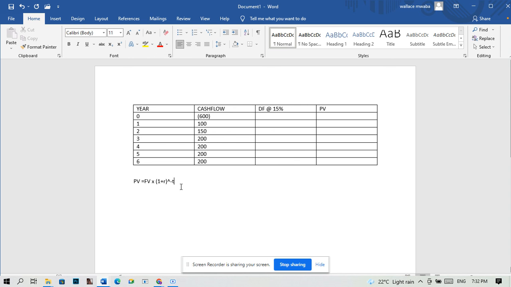Our discount rate is 15%, so r equals 15%, which is also the same as 0.15. We just divide.